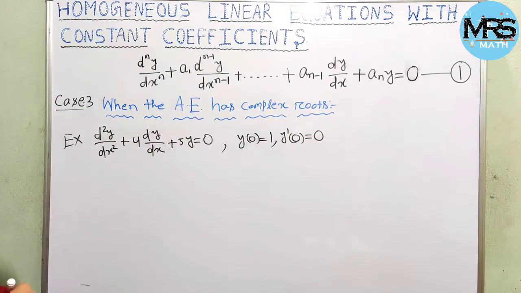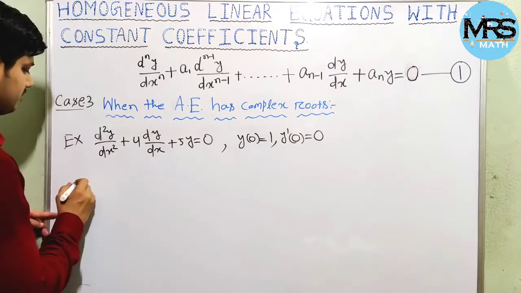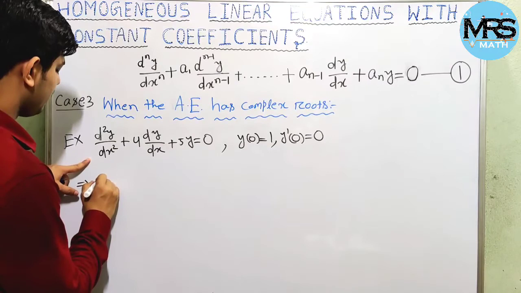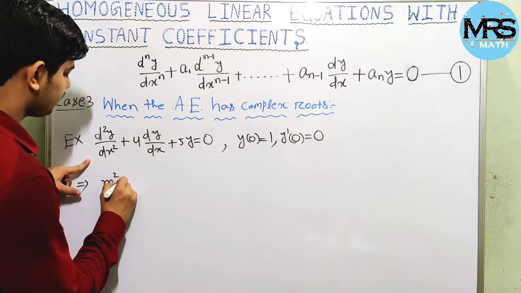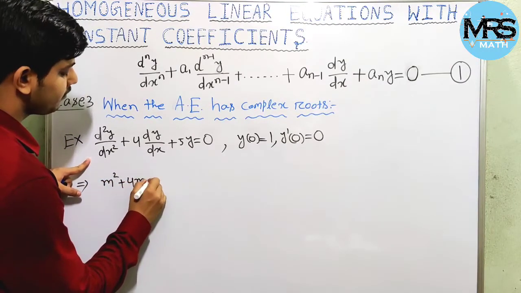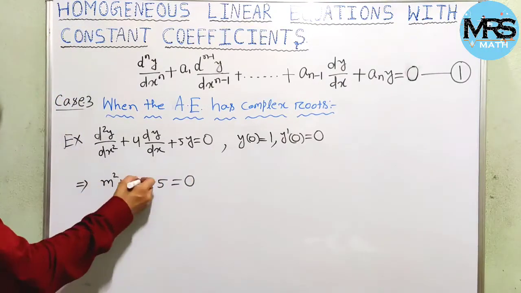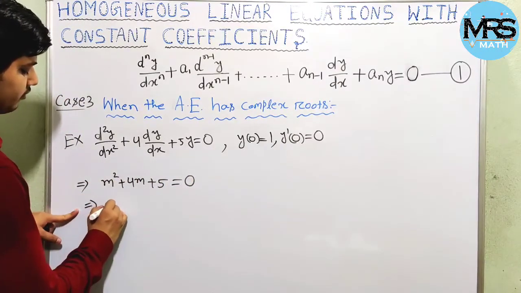So in this case what will be the auxiliary equation? That is m square plus 4m plus 5 is equal to 0. So if we find the root, then what we will get?